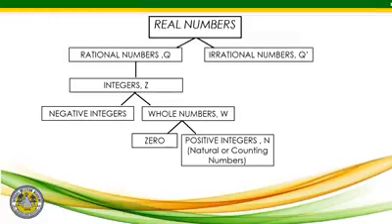You will notice that zero and positive integers are under whole numbers, because zero and positive integers are said to be whole numbers. Using this diagram, we're going to understand all about real numbers. If you have any question about real numbers, you can ask your teachers.